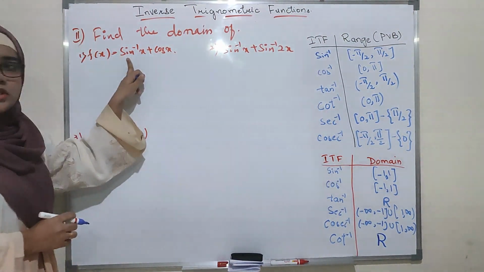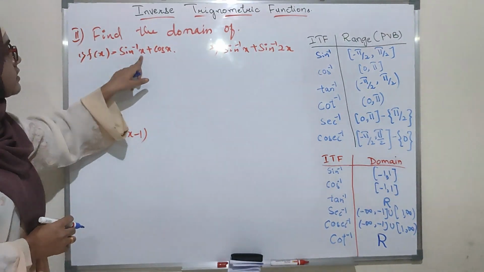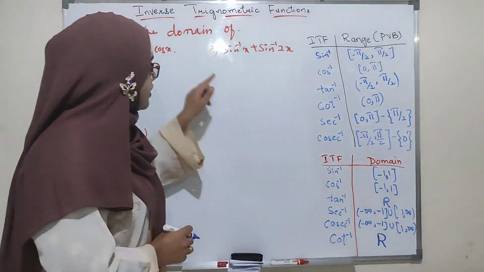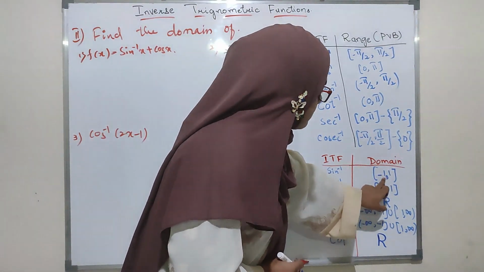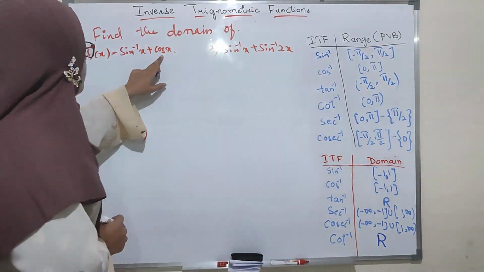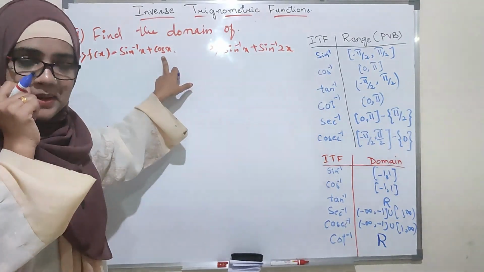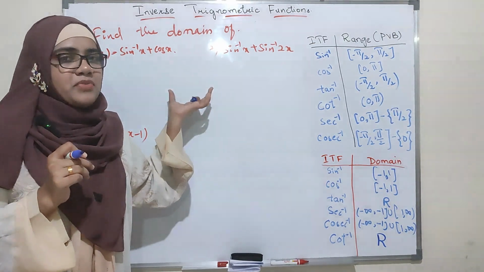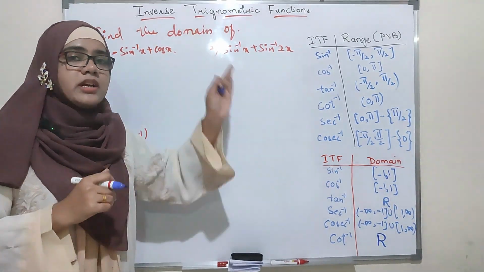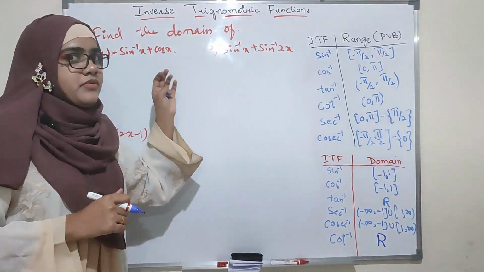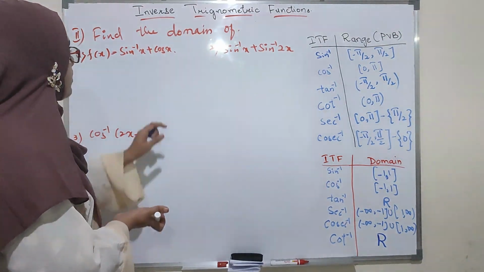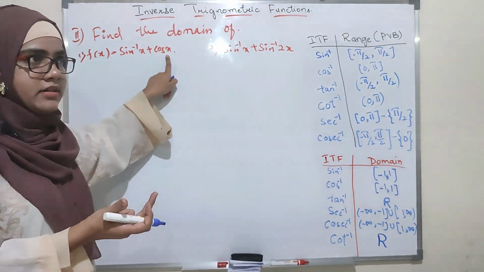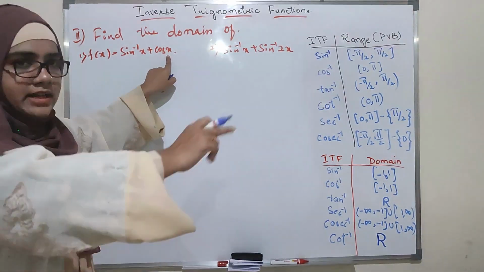Here the function is given to you, f of x is equal to sine inverse of x plus cos x. So the sine inverse x domain is the closed interval minus 1 to 1. And what about the cos x domain? We know that the domain is nothing but the values on the x-axis. On the graph we have discussed that for cos, the domain is all real numbers.